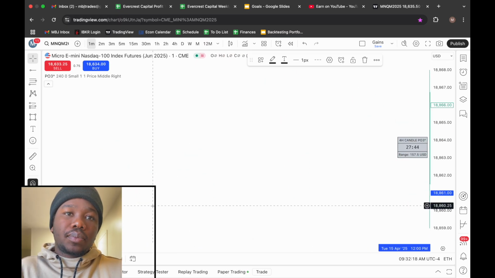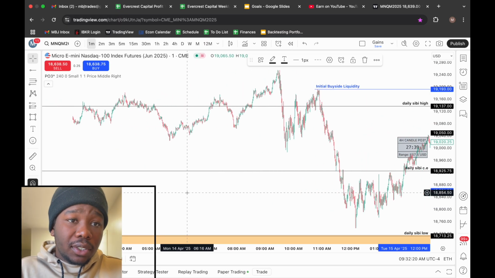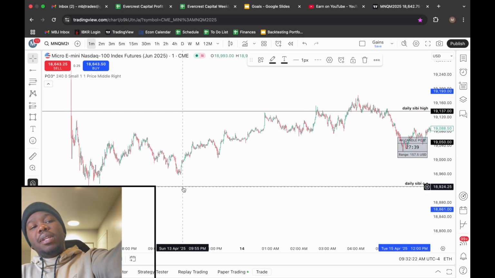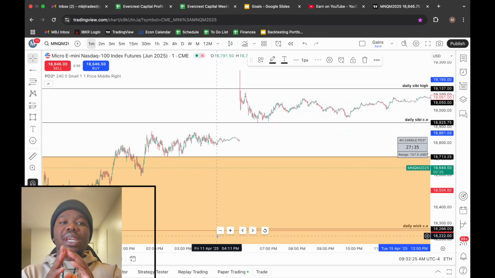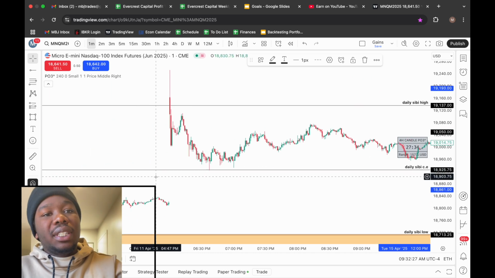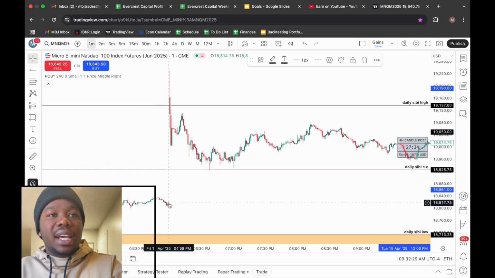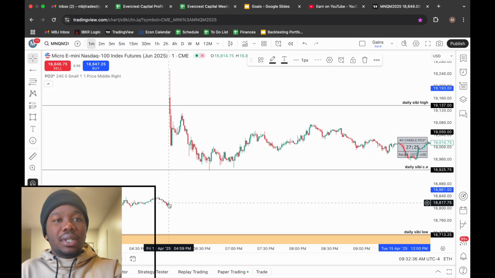Okay, so I mark out this level as well. This is what's going to be known as our new week opening gap. New week, see, Friday 4:59, and then I go one candle over, Sunday 6 p.m. So this marks out our new week.